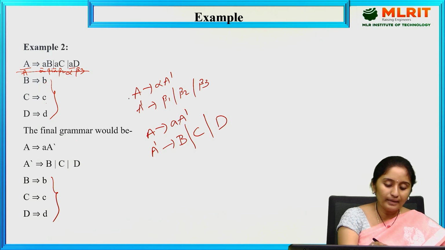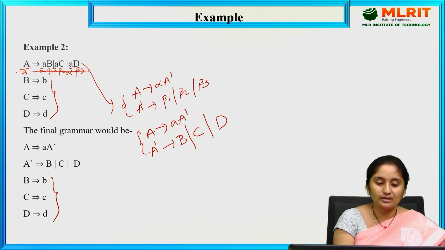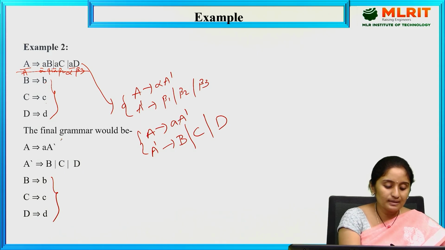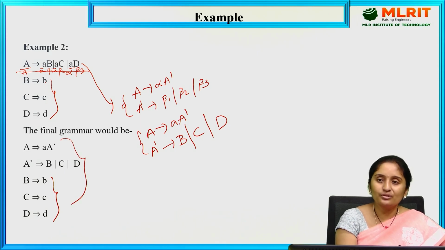I have applied these production rules for left factoring, and this is my new grammar, which I can apply for the top-down parser.